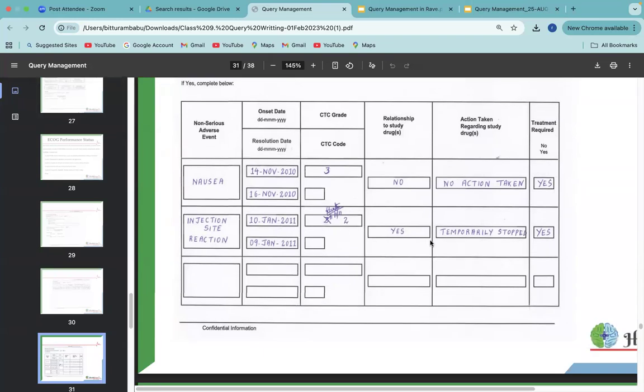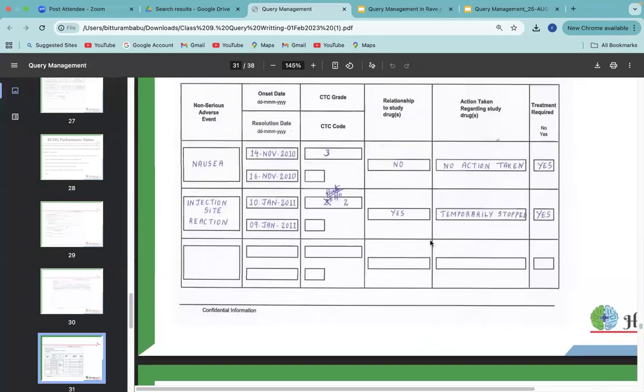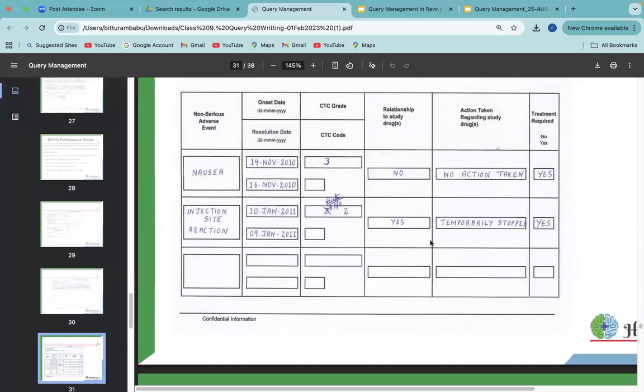So what is the error? Come on, I need answers because this is the last slide.